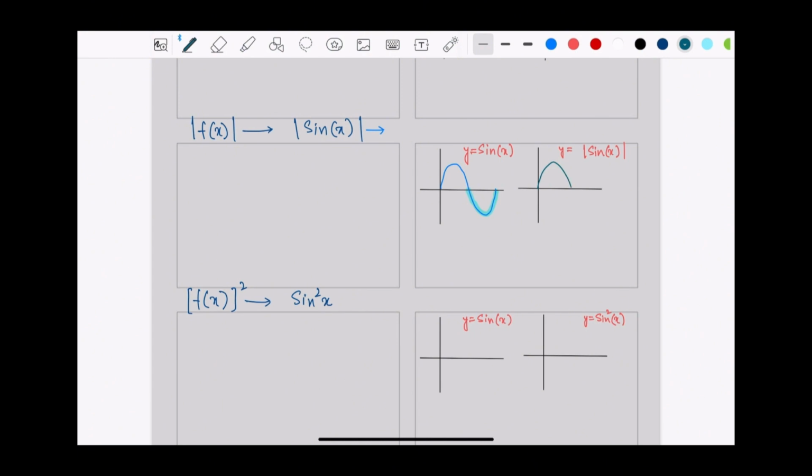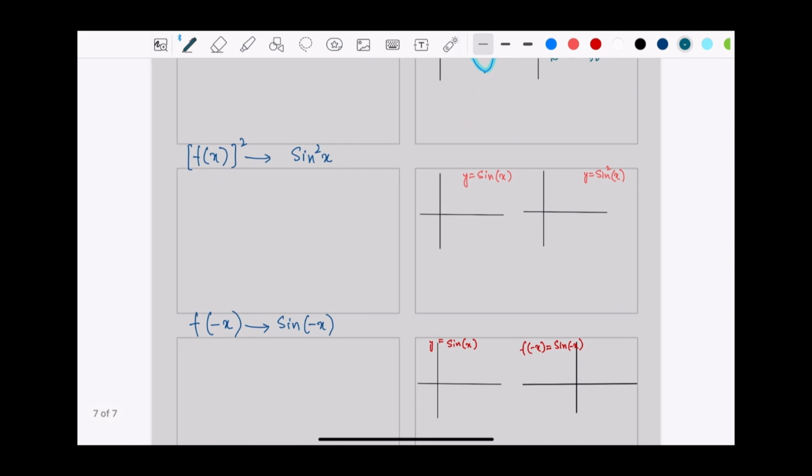This part does not change, but this part reflects and looks like this, because the modulus converts all the negative values to positive. Since they both have the same amplitude, this is 1 and this is 180 degrees. The labeling is the same: 360, 270, 90, 0. So the modulus of a function only converts negative y to positive, and the reflection is on the line y equals 0, the x-axis.